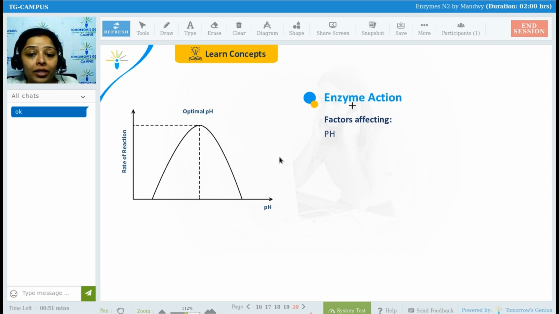Now let's see the enzyme action is affected by different factors. There are some factors that can affect the enzyme action, and the first one is pH. How the pH will affect the enzymatic action, I think we already discussed, right?